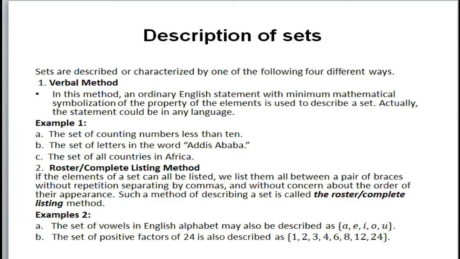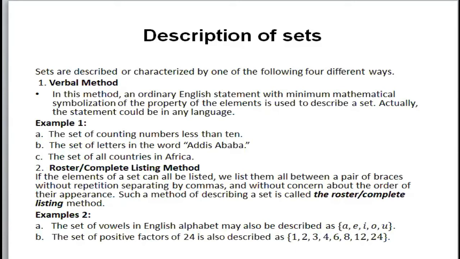So you should have to list the elements or the members of the set one by one, without using dots, 3 dots, or without simply describing verbally. We should have to list each element one by one using roster or listing each element.